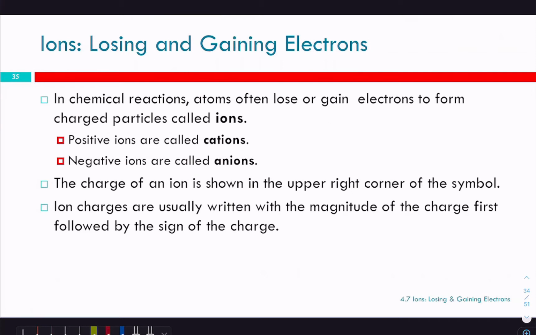All right, so I've been hinting at this a little bit, but ions result from gaining or losing electrons. In chemical reactions, atoms often lose or gain electrons to form charged particles, which we call ions. Positive ions are called cations, and negative ions are called anions. The charge of an ion is shown in the upper right corner of the symbol, so we would write something like Na+ would be an ion, versus Na, which is just the element.